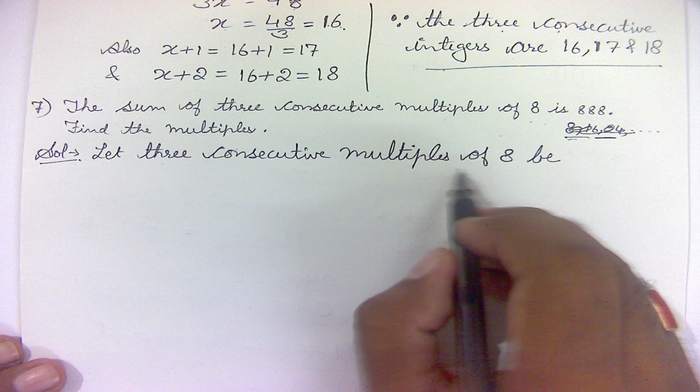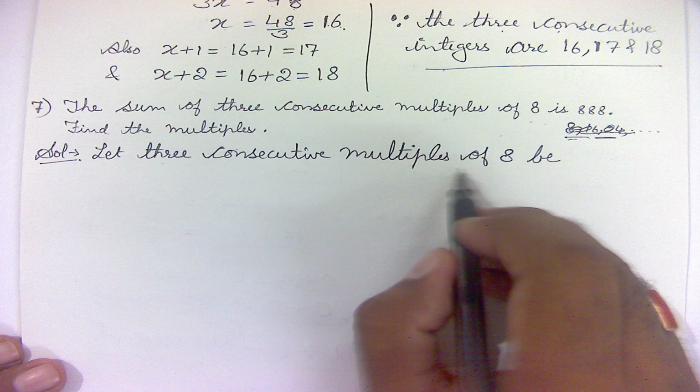Then 3x equals 888 minus 24. Then 3x equals 864. On subtracting it, you will get 864, and x equals 864 divided by 3. So 864, when you are dividing it by 3, the value of x which you are going to get is 288. So this is the value of x which we get.